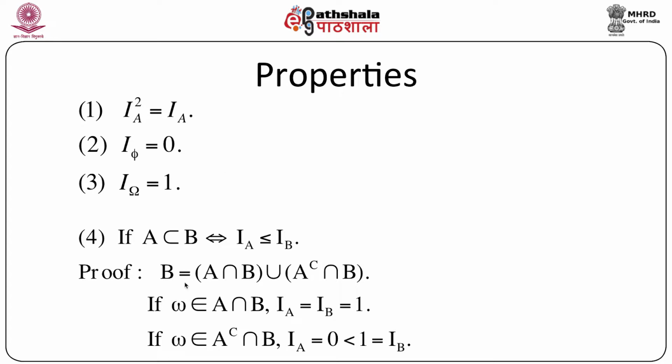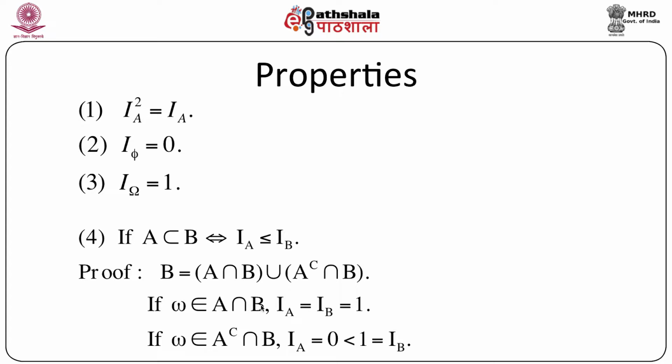We can always write any set B as the union of A intersection B and A complement intersection B. Now if omega belongs to A intersection B, then of course I_A equals 1 and at the same time I_B equals 1. That means I_A(omega) equals I_B(omega) equals 1.